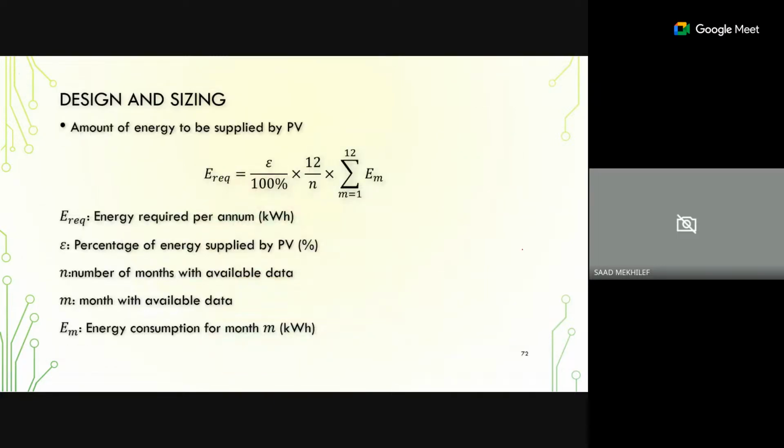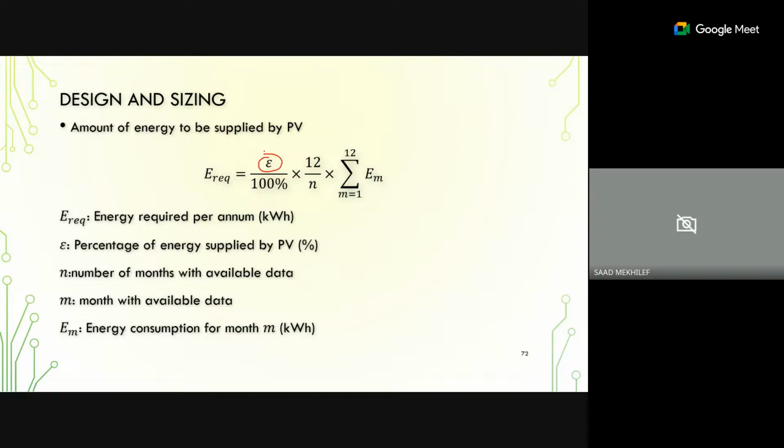So energy constraints. As I say here, it's more detailed. The amount of energy to be supplied is always given by this equation. Energy required per annum in kilowatt hour, and the percentage of energy supplied by the PV. How much?